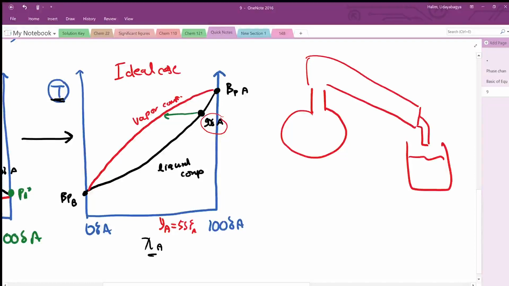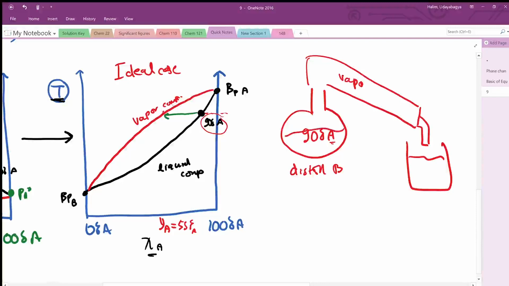Suppose that I have a 90% A solution, and I want to distill B. Okay, I want to get rid of this impurity of A. So what can I do? Well, I can boil it at whatever boiling point that I have here. So it's going to be a higher boiling point. And then I'm going to have the vapor.